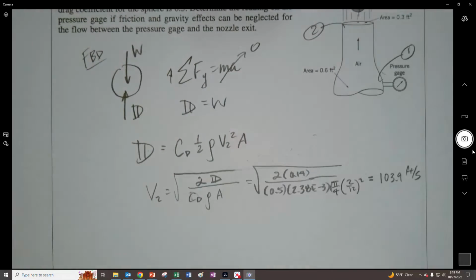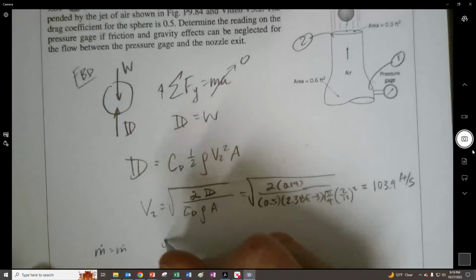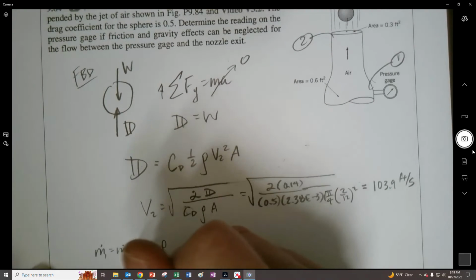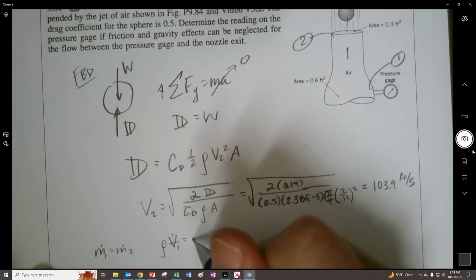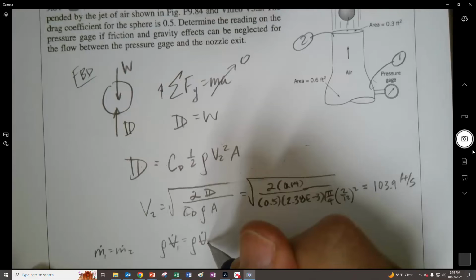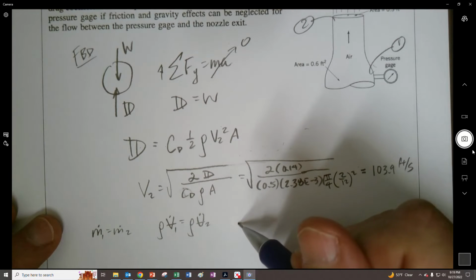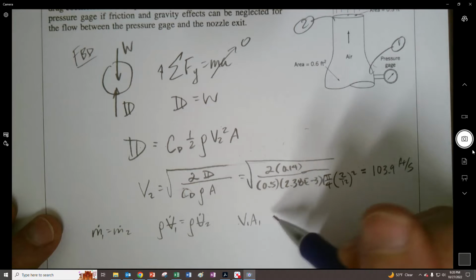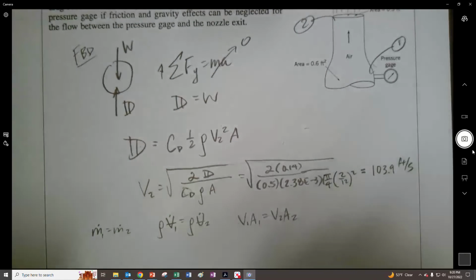So we have conservation of mass, right? m dot equals m dot, and therefore the density cancels out because of this. So V1 A1 is going to be equal to V2 A2.